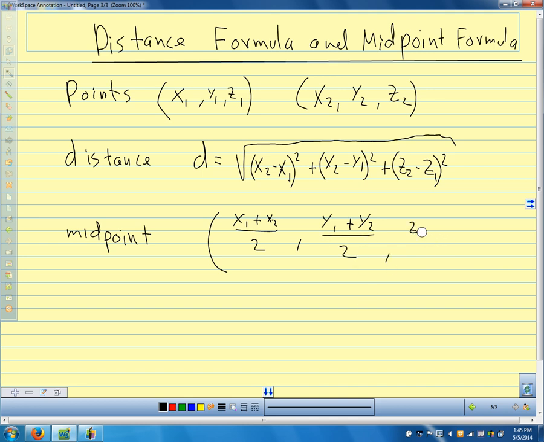And z1 plus z2 divided by 2 gives me my z coordinate. Just like in 2 dimensions, we just have this extra piece to take care of the z coordinate. So I'm not going to do a lot with calculating with these. We should be fairly familiar with them. We just add this one piece for the z coordinate.